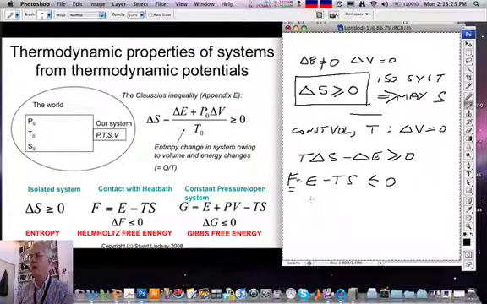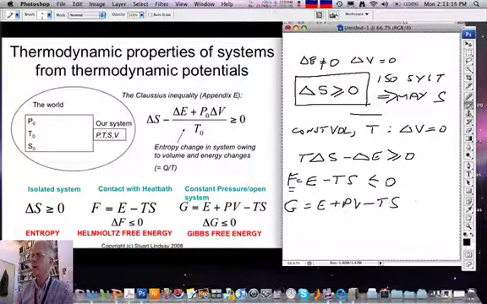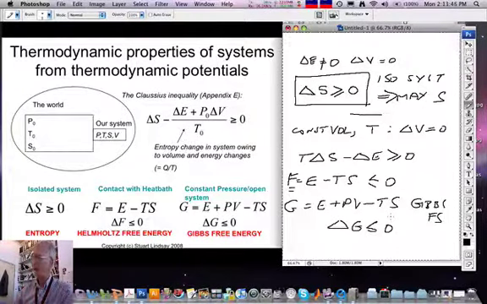Finally, for a system in which all these variables can change, we call this free energy the Gibbs free energy, and this is minimized for any thermodynamic process.